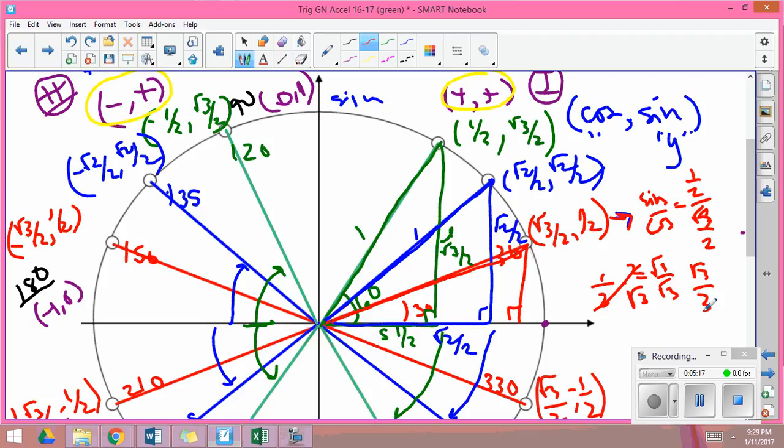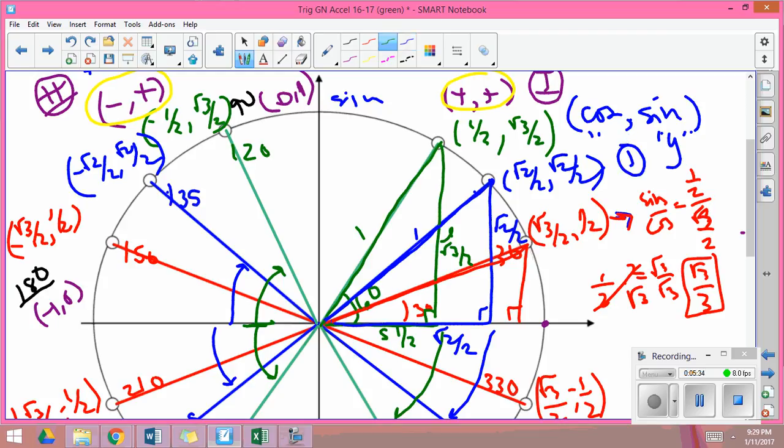Quadrant 1, it's positive. Quadrant 2, it's negative. Quadrant 3, it's positive. Quadrant 4, it's negative. And so that's what you would go through. Obviously, the tangent of 45, the square root of 2 divided by the square root of 2, is 1.